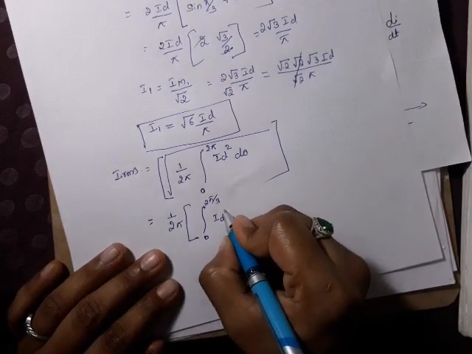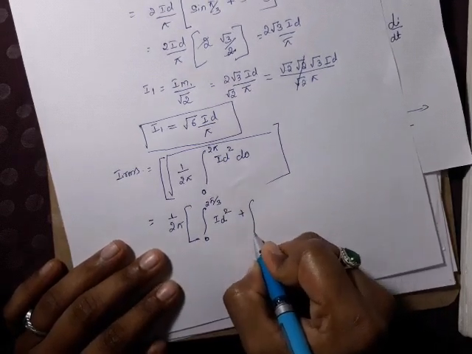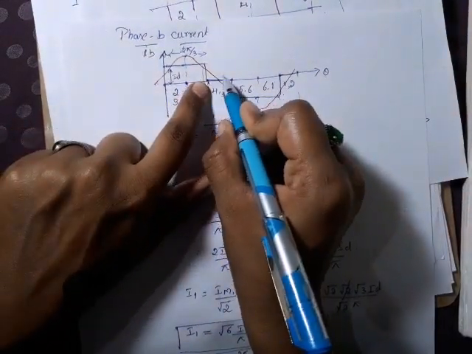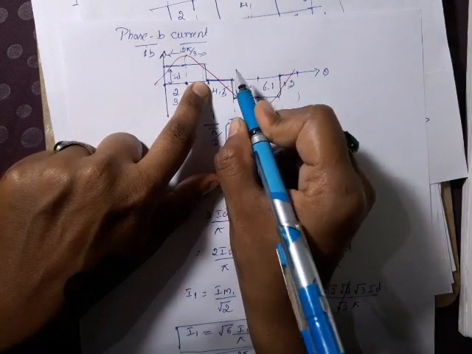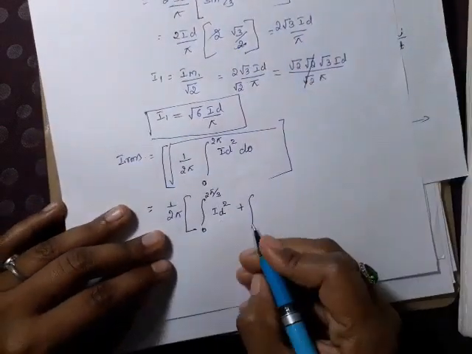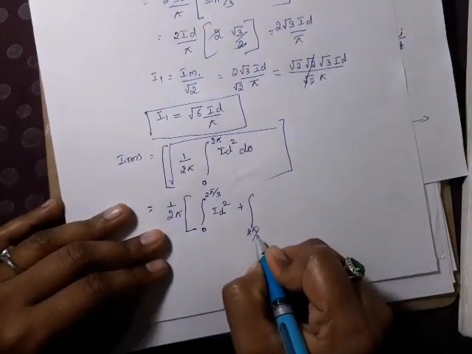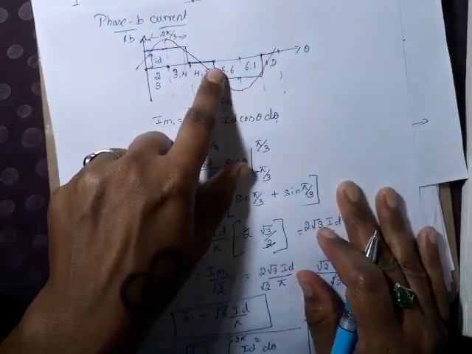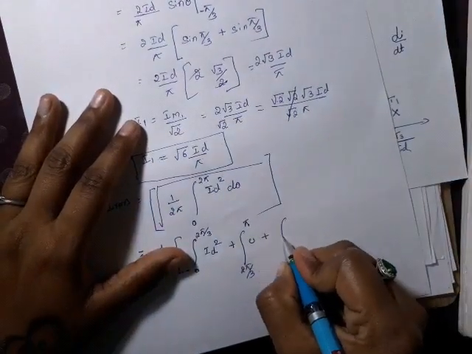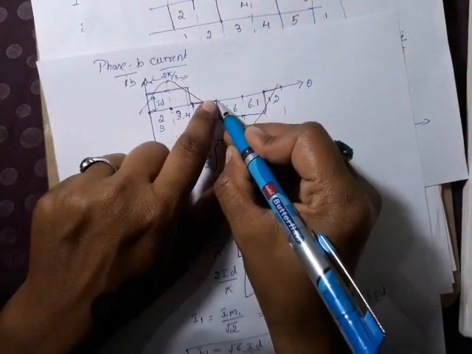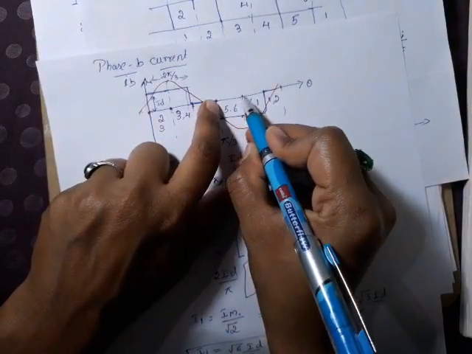So we need to take it as Id square, plus, see, from here to here, this is 2 pi by 3, 2 pi by 3 to the next 60 degrees, that is 120 plus 60 degrees, 180 degrees. So from 2 pi by 3 to pi the value is 0, because we don't have any waveform here. Plus one more waveform, which begins from 4 pi by 3, up to 5 pi by 3.